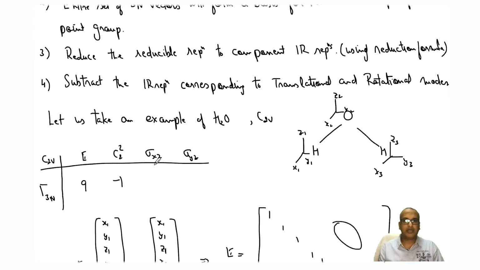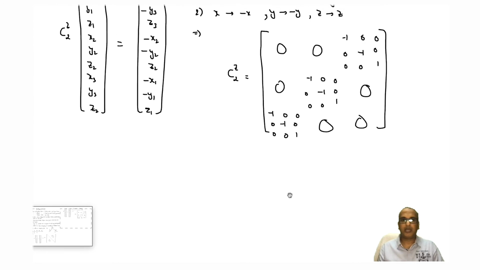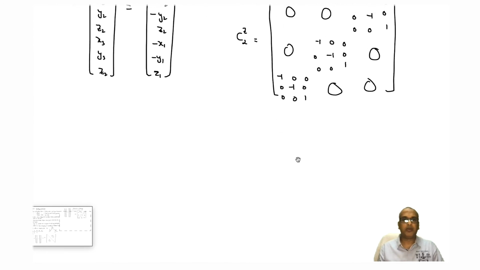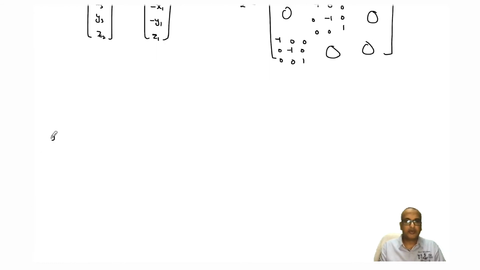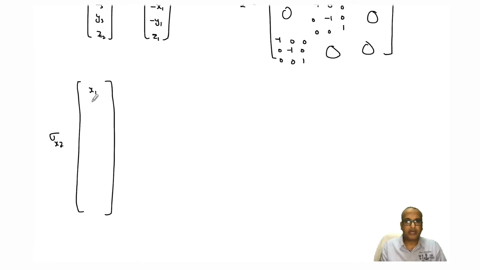Now similarly, let's write down the trace for sigma xz. So I will do it for water and I'll give you a little bigger molecule so that you can try it out by yourself at home. Now let's do it for sigma xz. It is important to understand how to work this out. So again, we'll write the same matrix.